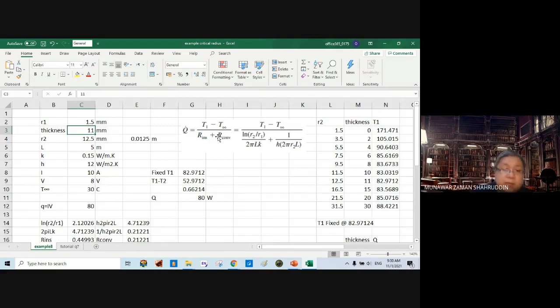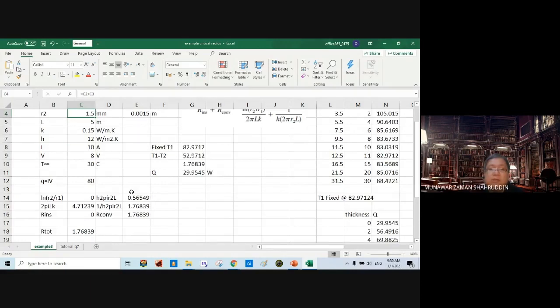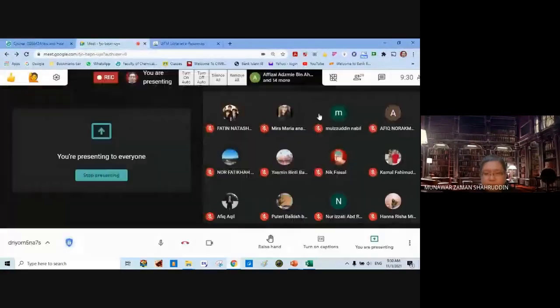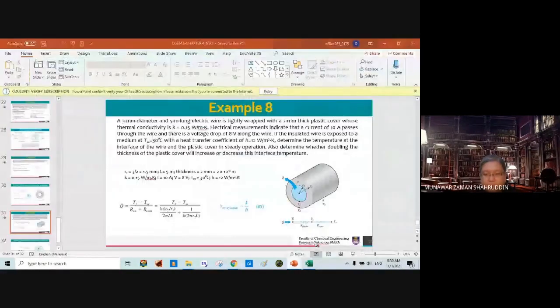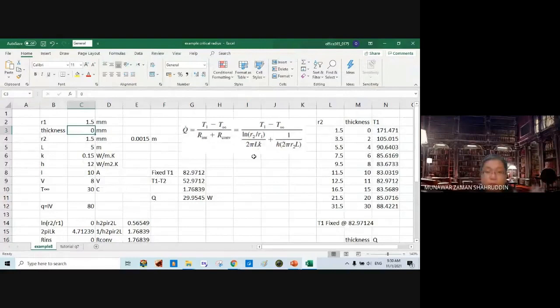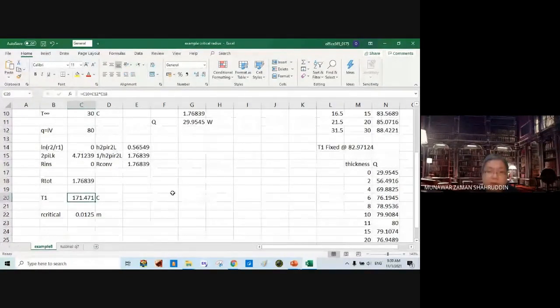Let's say thickness is 0, what happens to the temperature? Looking here, the temperature is the original temperature at the wire, which is 171 degrees Celsius. If the thickness is zero, nothing changes, 171. Now we put in 2 mm of insulator.